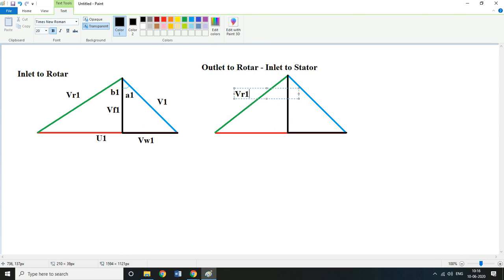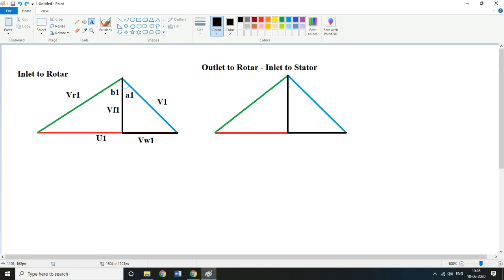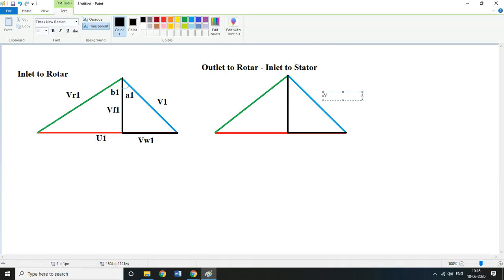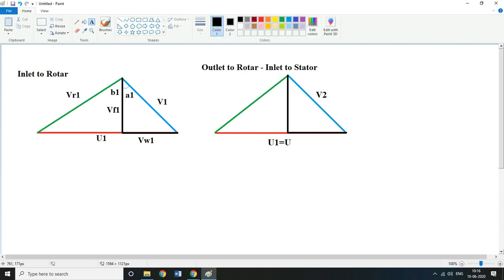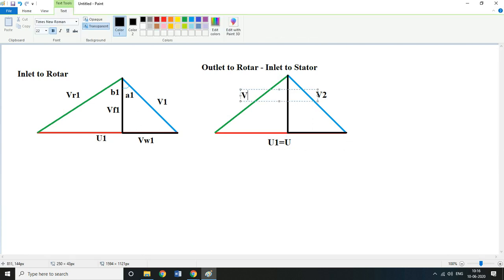VR1, sorry, we'll go in order. That is V2, and it will face U1, which is the same, so I'll just write it as U, and the resultant of both of them is VR2, okay.